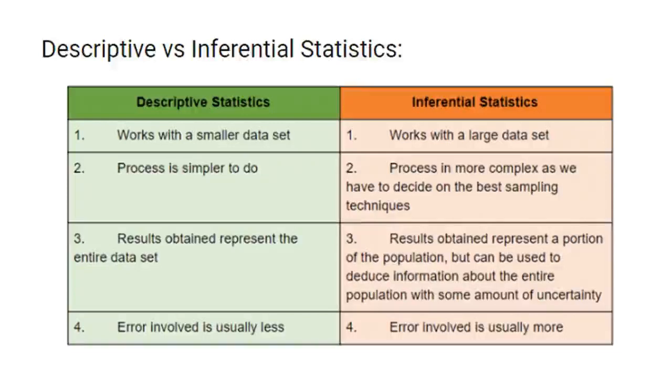And 4, lastly, for descriptive statistics, the error involved is usually less, and for inferential statistics, the error involved is usually more. We'll discuss in detail what the word error is referring to, or the nature of statistical errors.